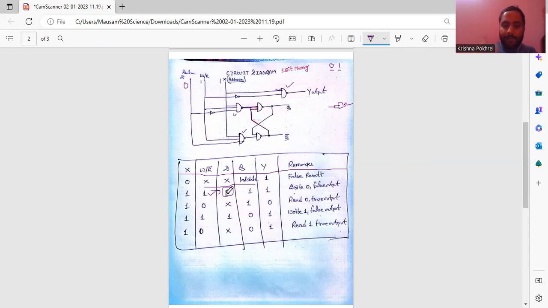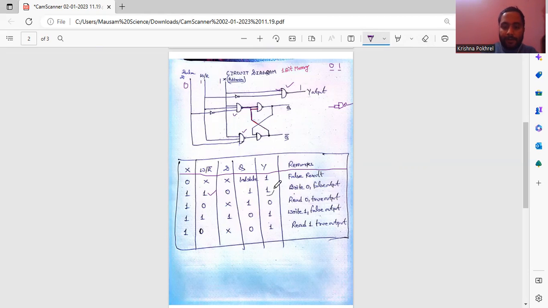We are writing 0 in memory. I want to drop this because it may make a little confusion. Now in this case, if here is 1 and here is 0, then what happens? This terminal will be 1, this terminal will be 1, and from here it will be 0. If it is 0, then the output will be 1 directly.